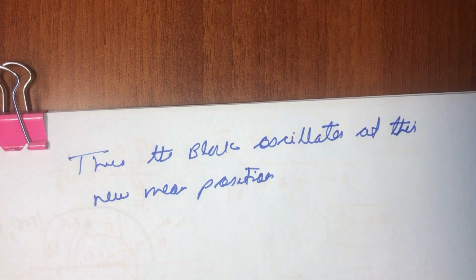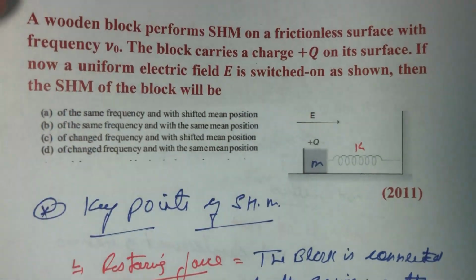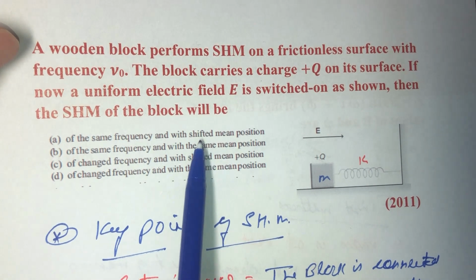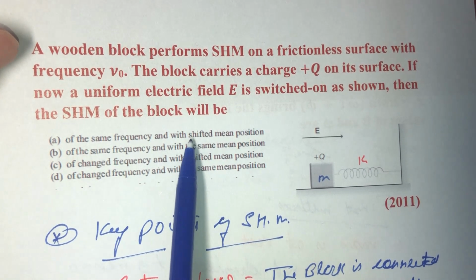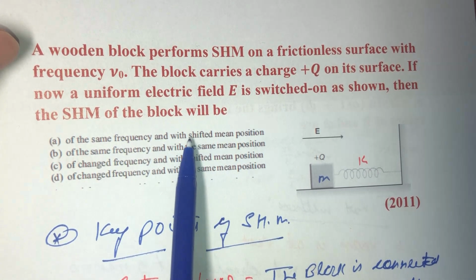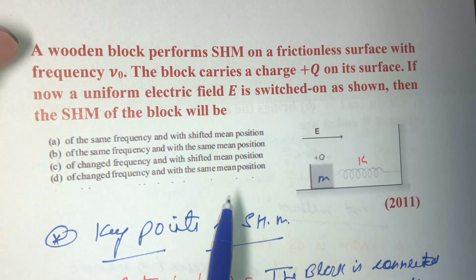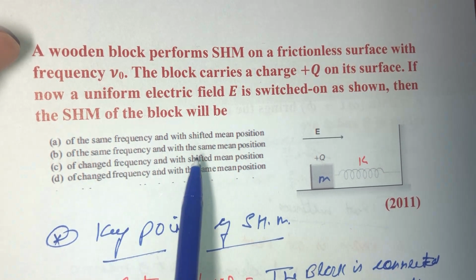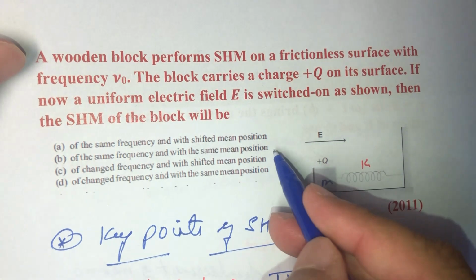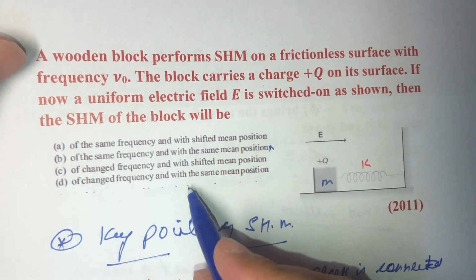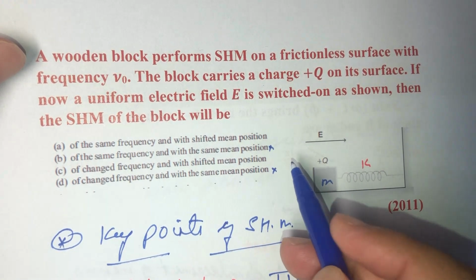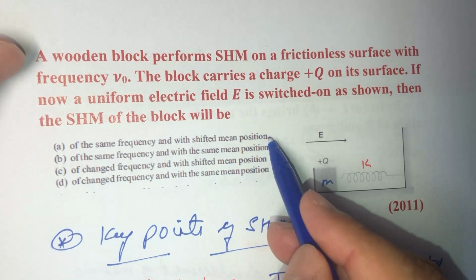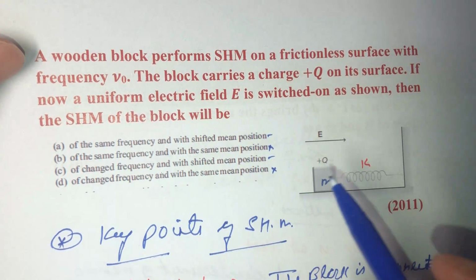So this is our first part. From here we can say that option A is partially correct because it is with the shifted mean position, and with the same mean position this will not be true, and also option D will not be true. Partially with shifted mean position, it means A and C will be true.